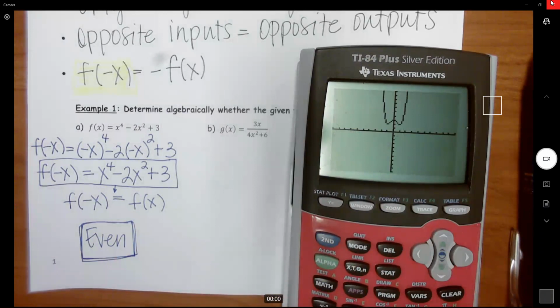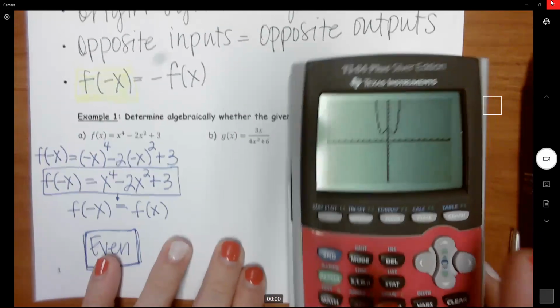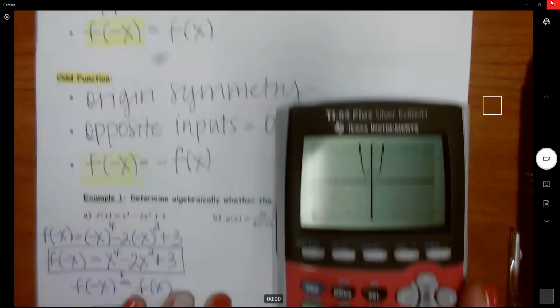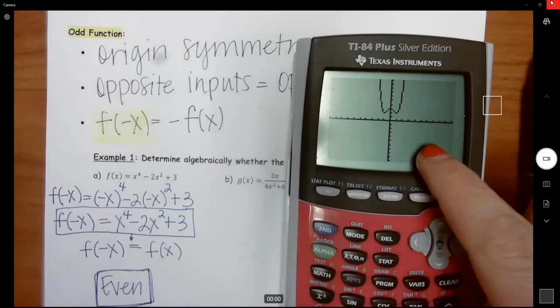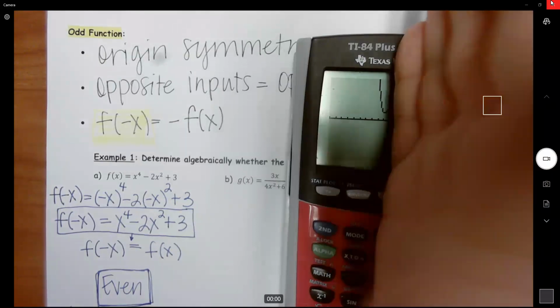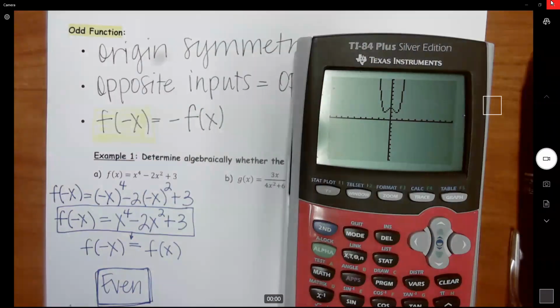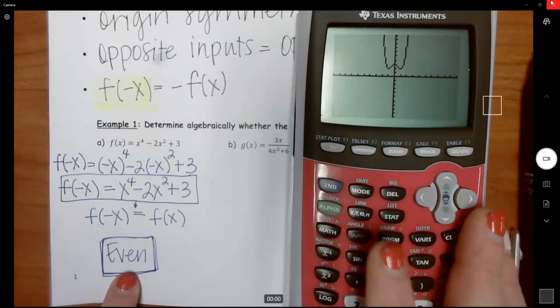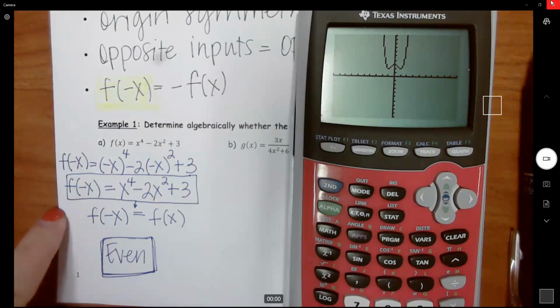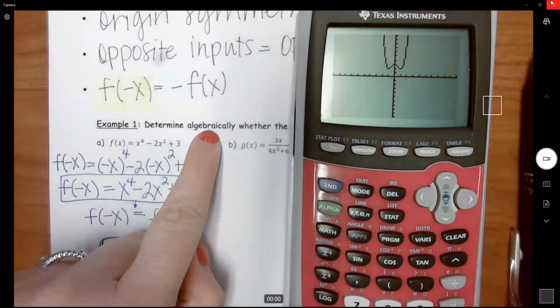And there's my equation here. I know that even functions have y-axis symmetry. Does this graph show me that it has y-axis symmetry? Yeah, if you take it here and you flip it over here, it's going to map on top of itself. So I know that this is correct. This is even. So you can use your calculator to verify your findings. But you do have to show me your work if it says determine algebraically.